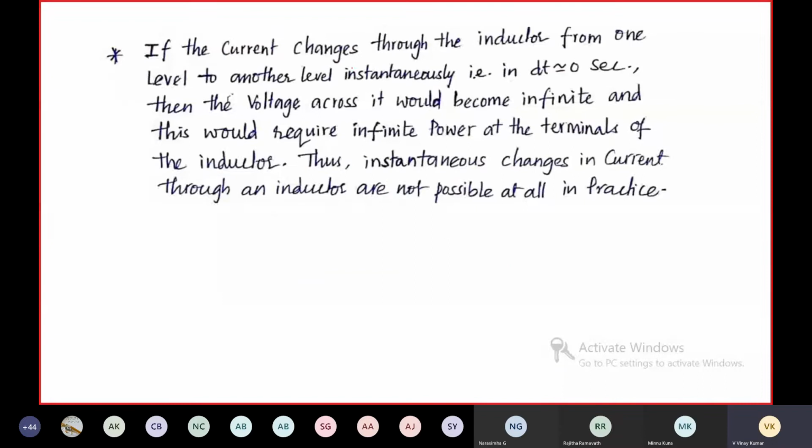Next, this is the justification of that statement. If the current changes within 0 time, to bring about such a change I have to apply an infinite amount of voltage, since V is equal to L dI by dt.